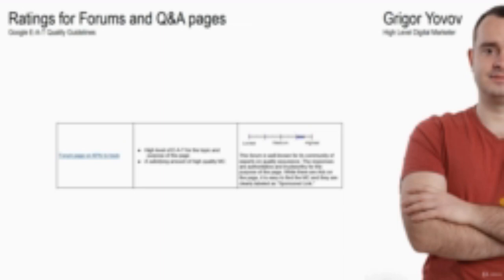And of course you need quality main content, which is the most important, and in forum and Q&A pages is crucial, and it could lead to very different results from page to page, depending on the author and depending on the people that decide to answer and their own expertise.